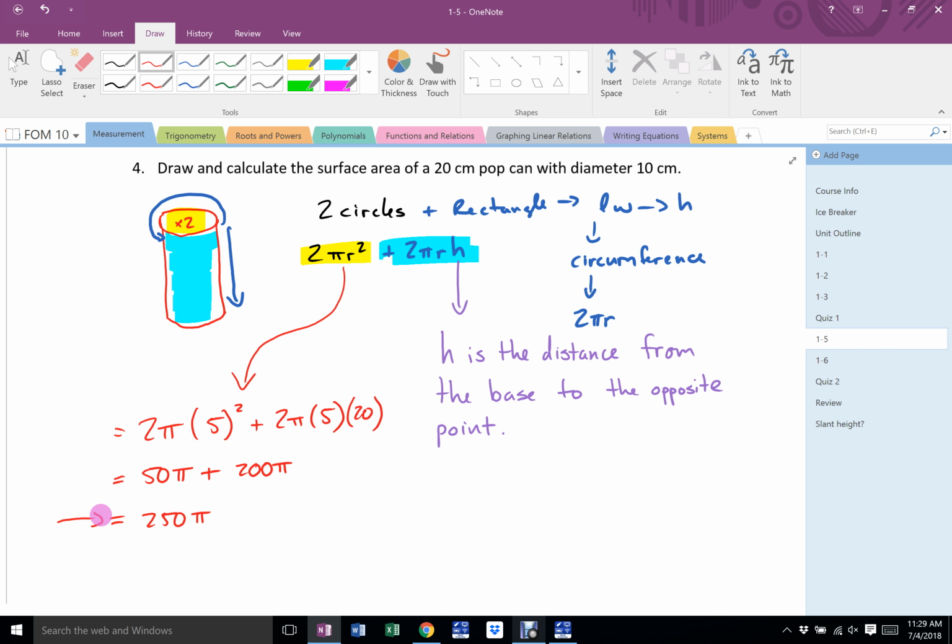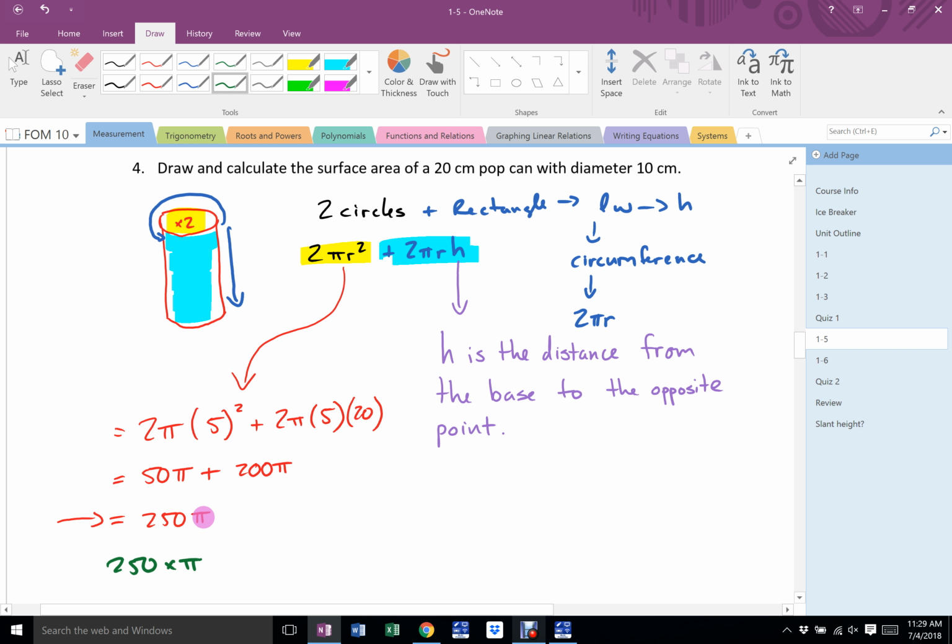What is the only time you would bother doing 250 times pi? The only time I want to see that is if it's a multiple choice question and I've given you the answers in numbers. Everybody cool? Now, do you even really need to punch it in?